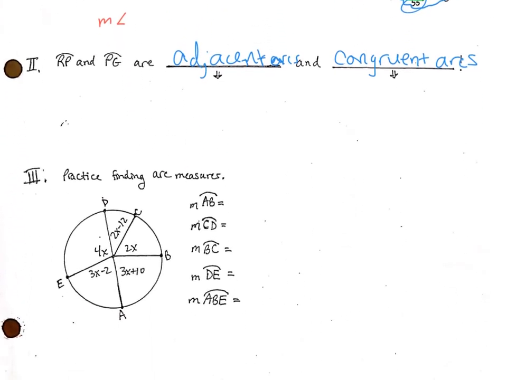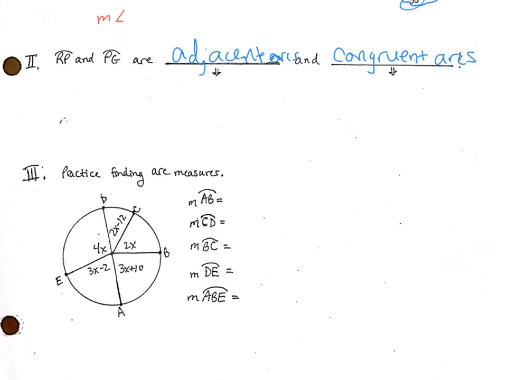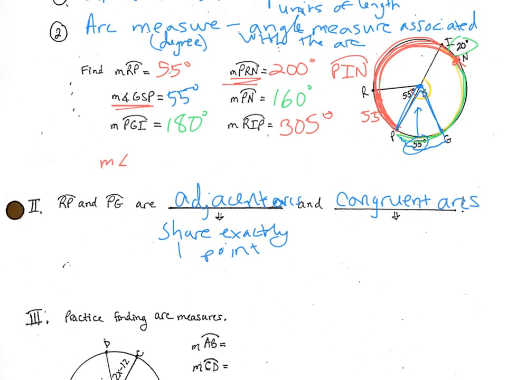So I'd like to point out that adjacent means they share exactly 1 point. So let's go up here for a second because we could talk about arcs that aren't adjacent.